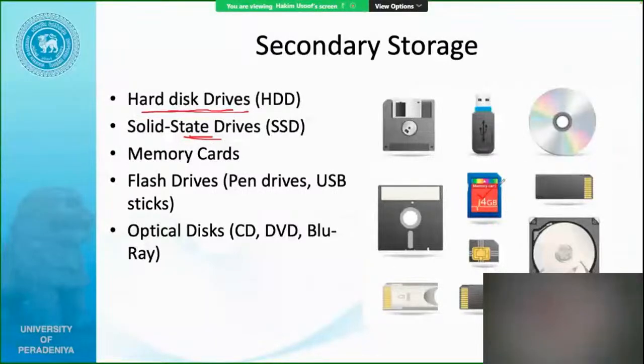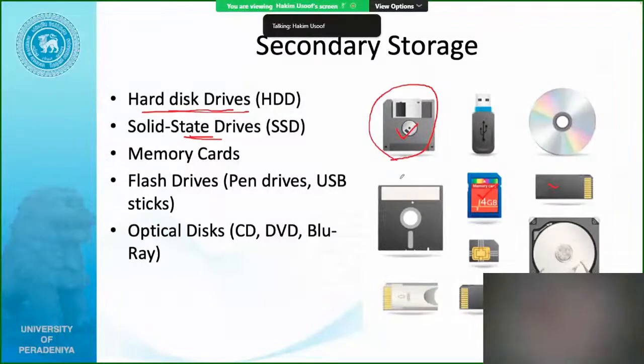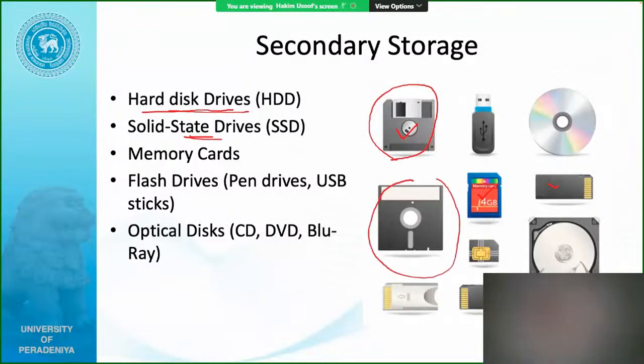Memory cards are things like this. This is one of the most famous memory cards, SD cards. Sony, for example, has memory sticks. Olympus has their own XD card. These are 3.5-inch floppy disks where you could take 1.44 megabytes of data, not used anymore. And these are 5.25, which are even smaller. These are your pen drives.